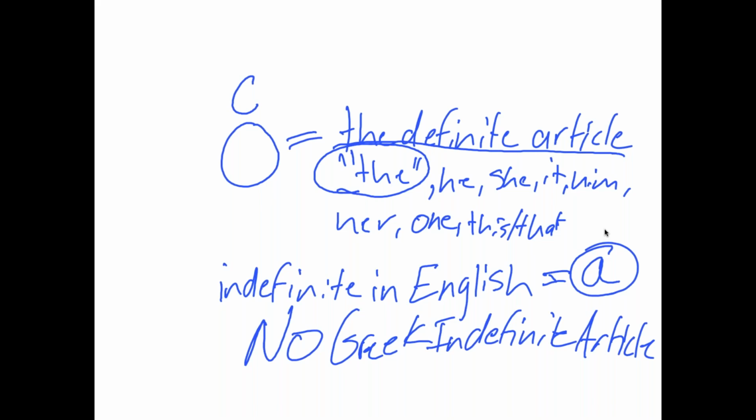There is no "a" in Greek. That is a word that is added for clarification whenever it doesn't make sense in English. So, one of my soapboxy type things: I've heard people make an argument based on either the presence or absence of the definite article. It doesn't work that way.